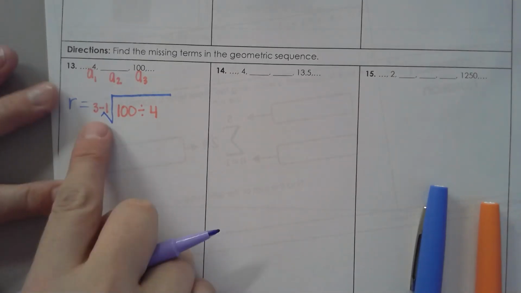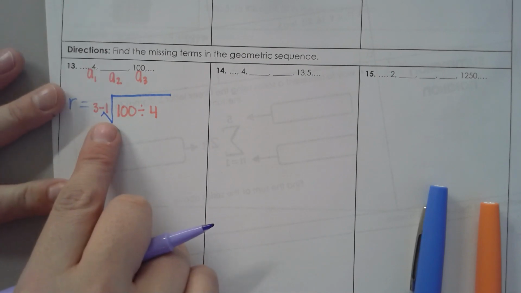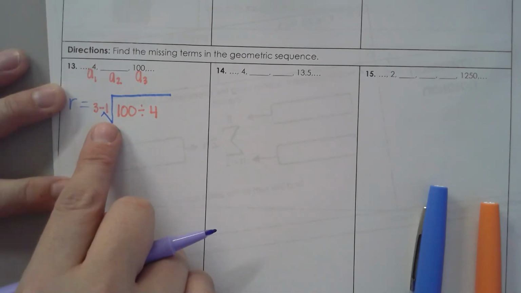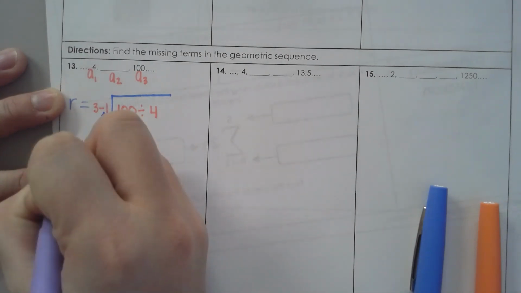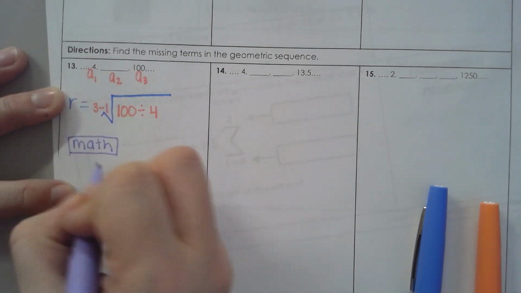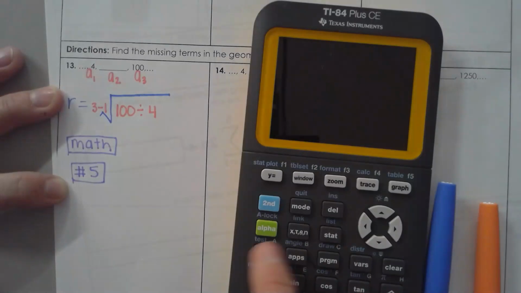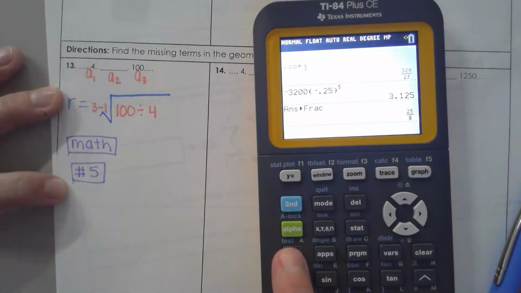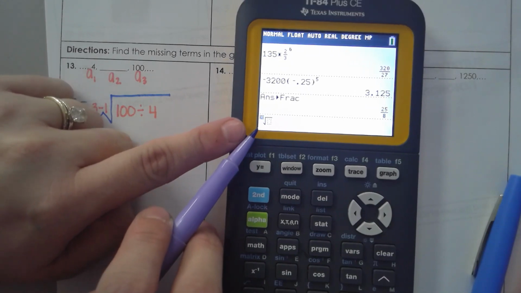Now on your calculator, don't just hit a square root button. I'm going to show you how to type in any root that you want. So if you hit math, and it's number 5. So if you go to math, and then the 5th one, it lets you type in whatever root you want.